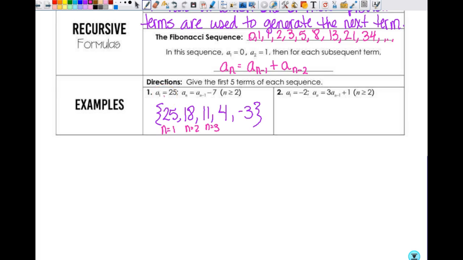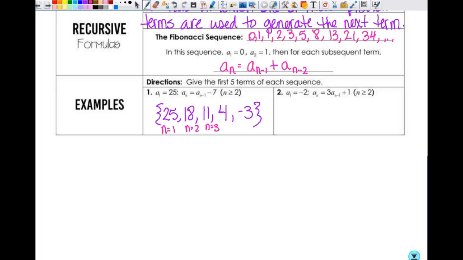This rule only works if you're looking for an n that's 2 or greater. Well, no, because they only asked me for the first 5 terms, so this is a finite set. No, these are the natural numbers. Yeah, the domain, not the range. Okay, we good?